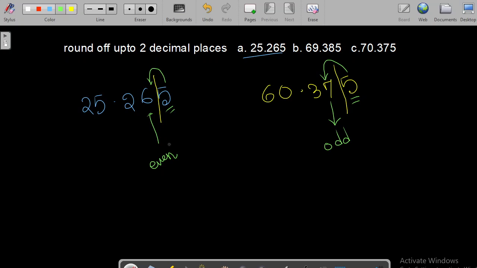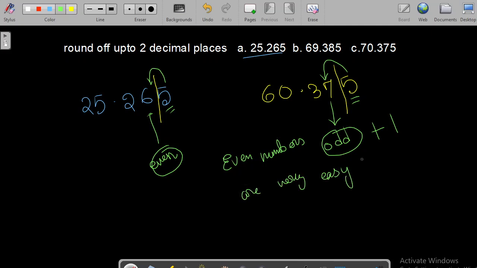Now, in case of an even number, we do nothing. But if we see the preceding number is an odd number, then we add 1 to that number. Understood? The reason is that even numbers are very easy to calculate. So this is the reason why we let the even number stay, and if there is an odd number, then we increase the number by 1 to make it an even number.